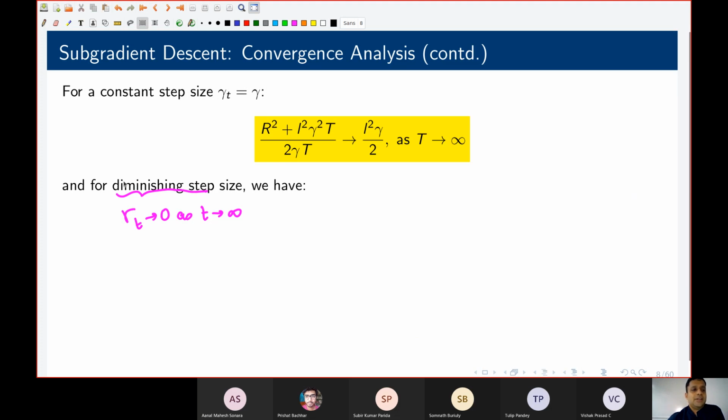So certainly you want the summation over gamma t square to be finite. What more? The sum should be infinity.